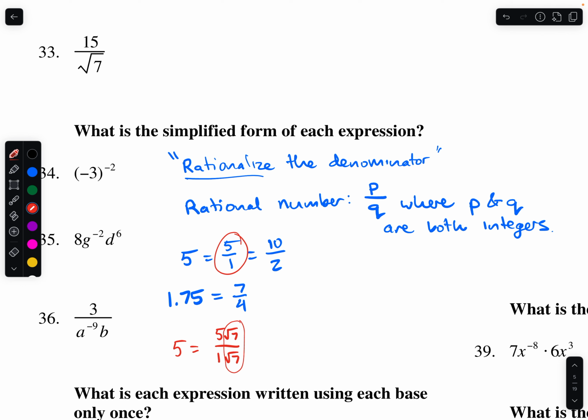Because that's just 1. We end up getting 5. The problem is 5 root 7, that's not an integer, and neither is 1 times the root 7. So just because something is written with the square roots in it, or written with things that aren't integers or even rational numbers in them, doesn't mean they can't be written as a rational number.